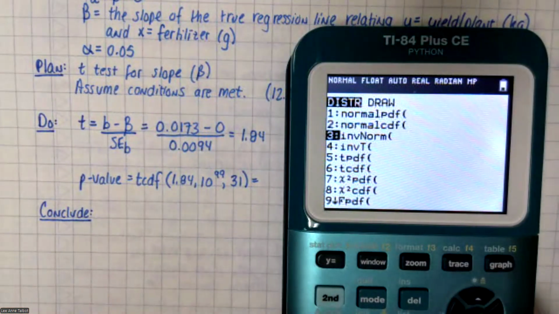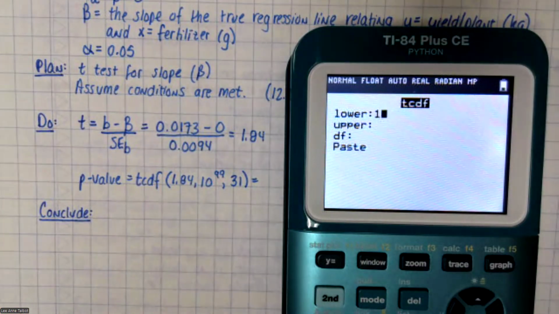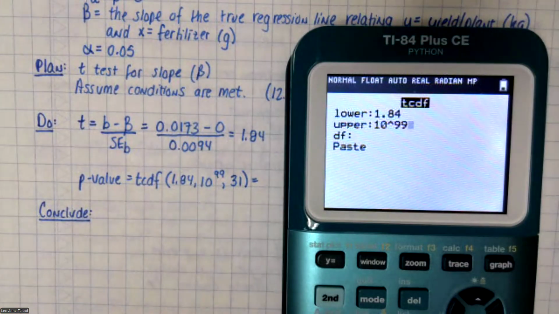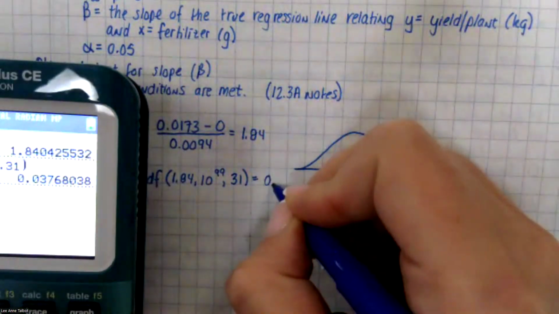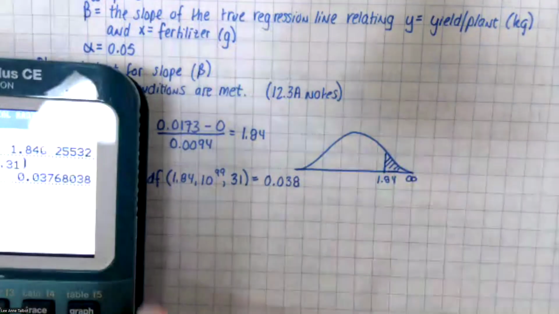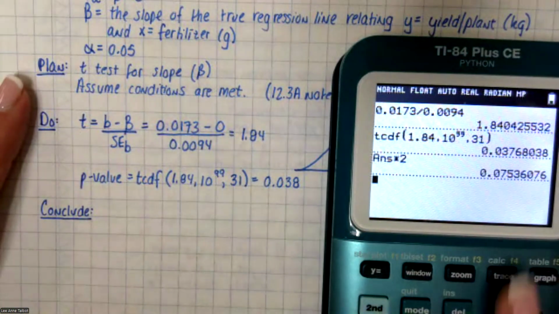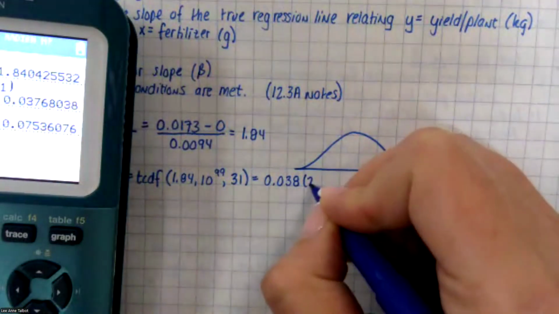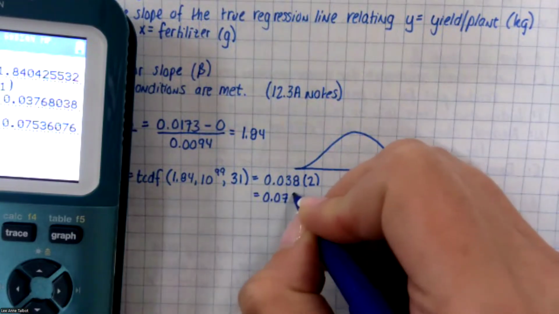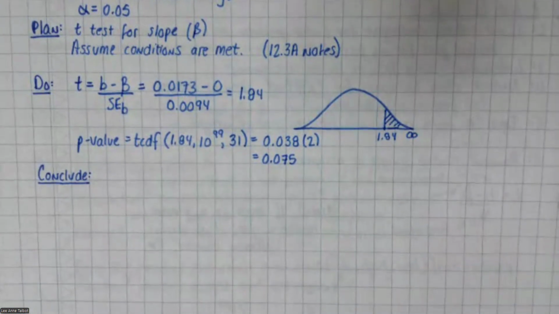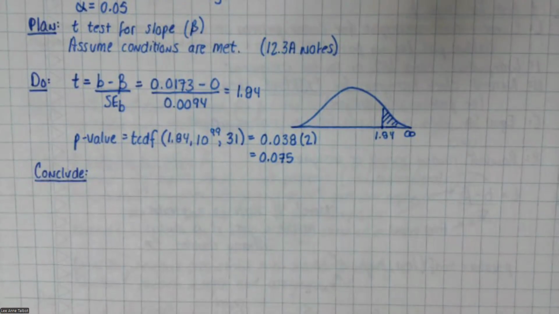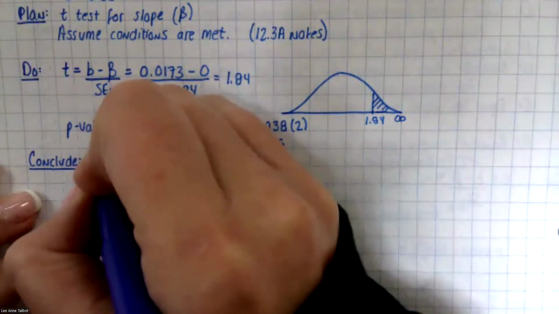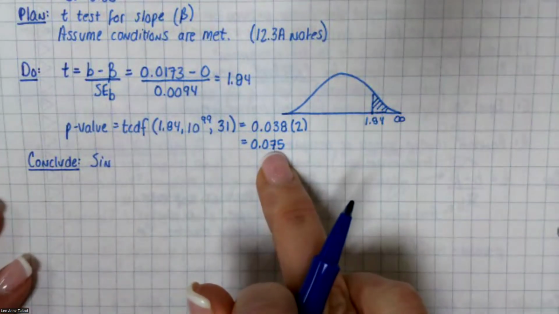Let's remind ourselves where tcdf is. Doesn't this make much more sense looking at that scatter plot?